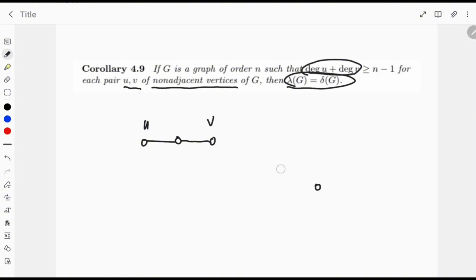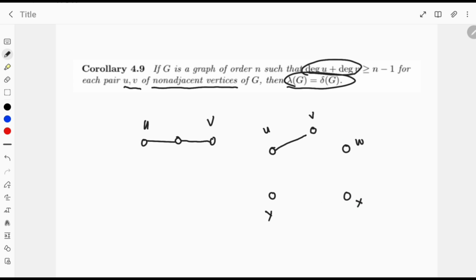Okay, example, let's have 5 vertices in which U and V will not be connected. Here U, V, W, X, and Y.